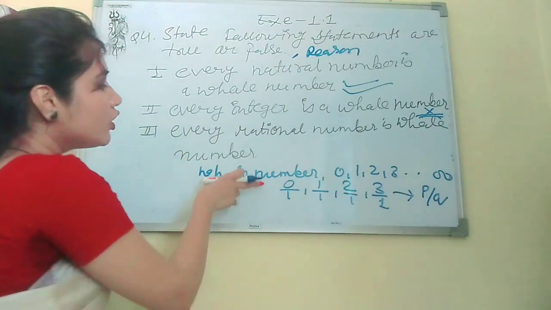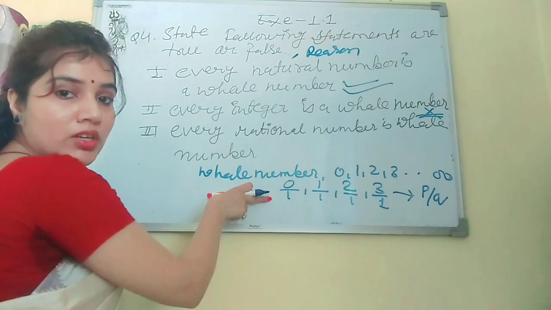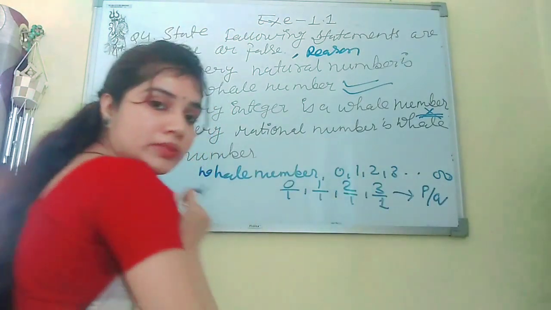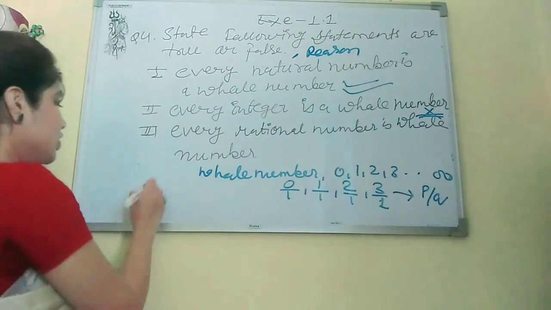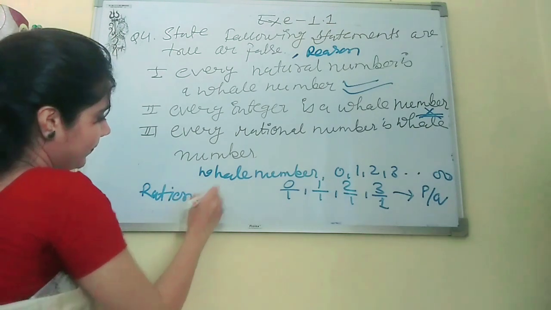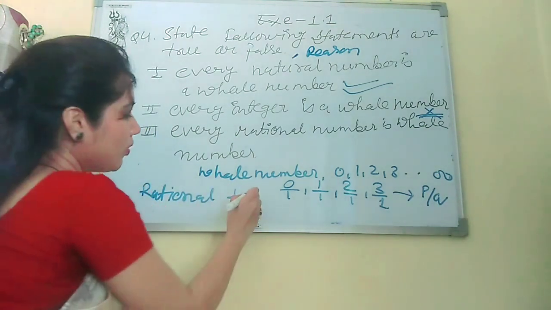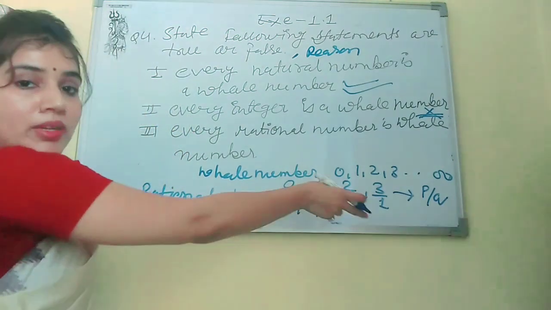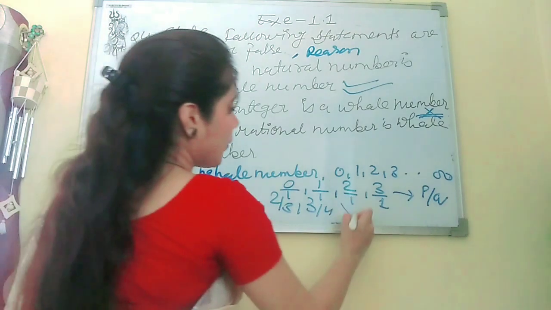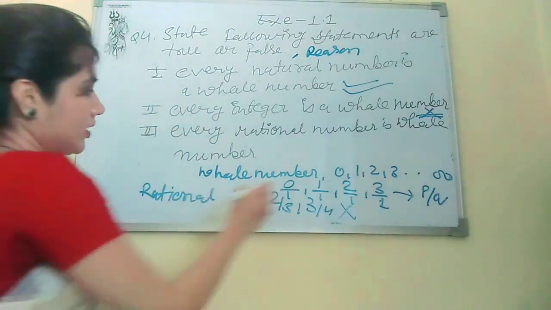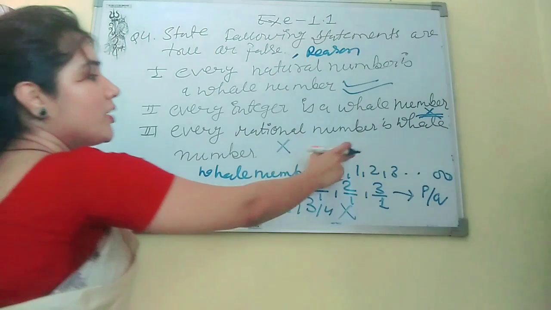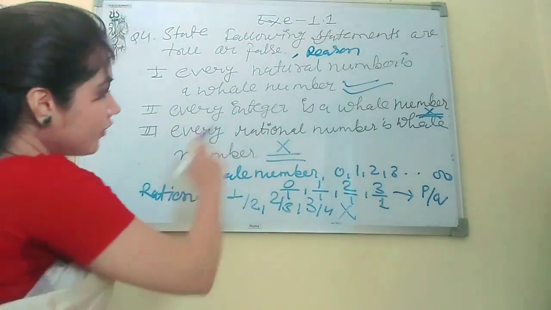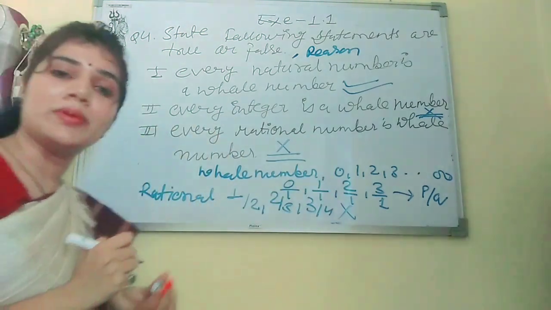So we can say every whole number can be a rational number, but a rational number is also in the form of 1 by 2, 2 by 3, 3 by 4. Can it be written in the form of a whole number? No. So this is the wrong statement. Every rational number is a whole number is not correct. Every whole number can be a rational number.